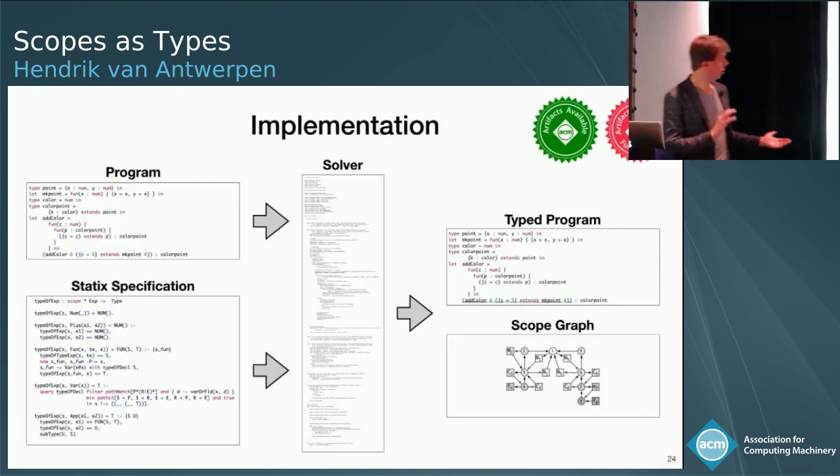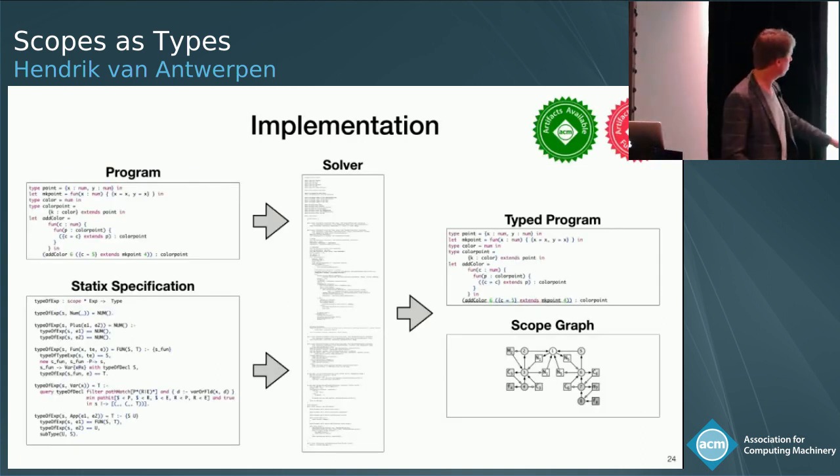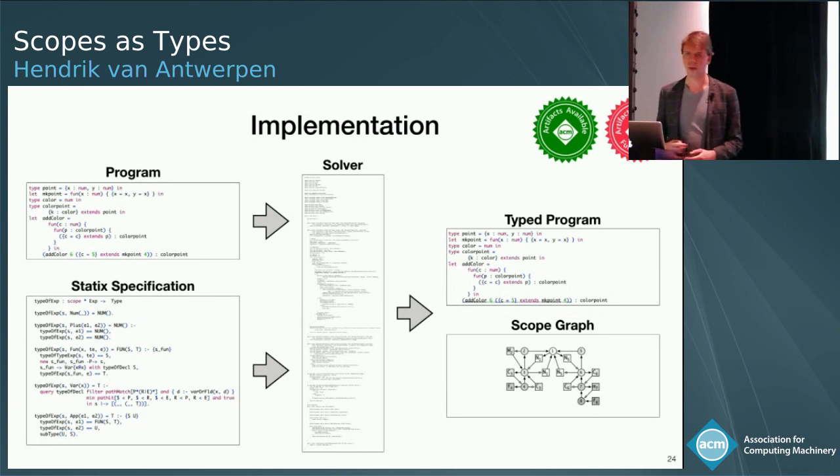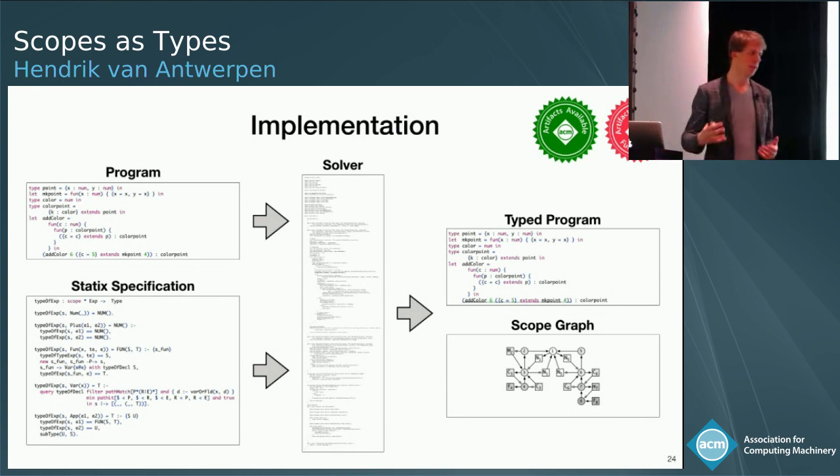We implemented all this, so here's a bit of solver code. Don't read this, please. But basically, there's a program and a static specification that go into this solver, and then out, hopefully, come a typed program and a scope graph that corresponds to the program. Or, of course, if we are not able to solve all the constraints or there are conflicts, then you would get error messages or something like that.